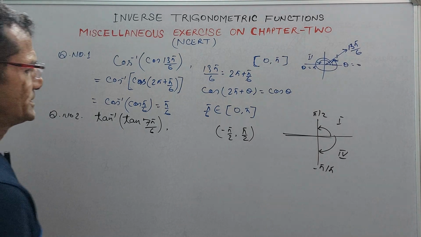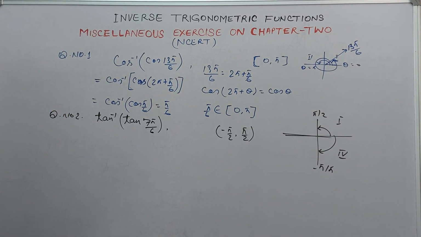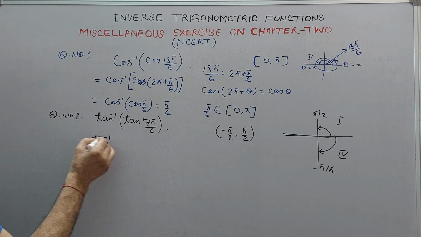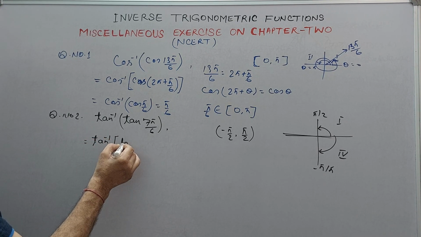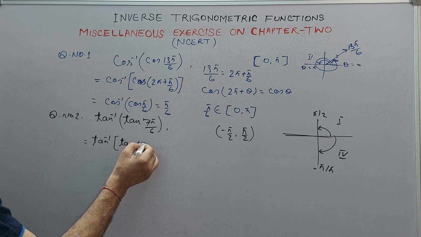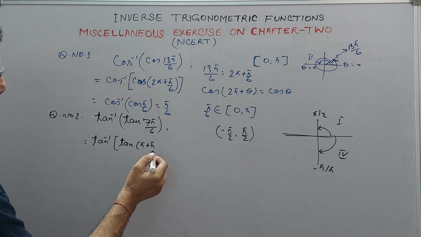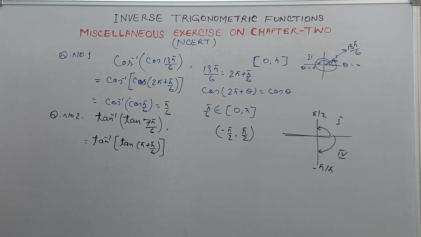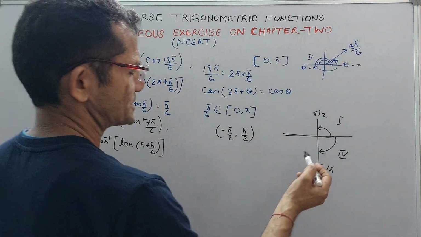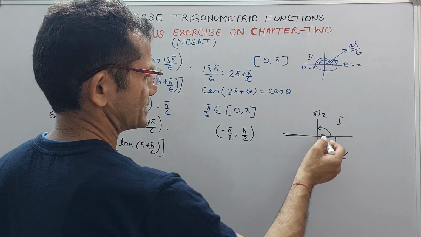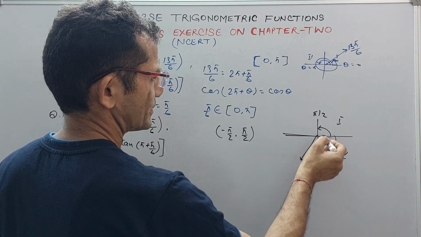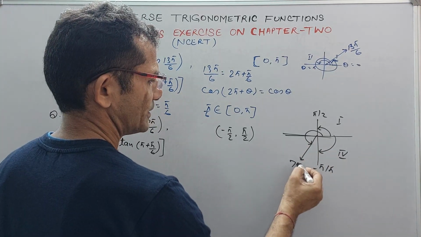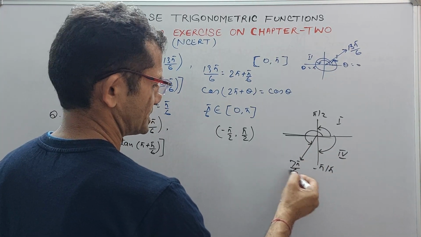So here 7 pi by 6, we just split this: tan inverse tan of pi plus pi by 6. So this is pi plus, a third quadrant angle. It would be here somewhere, this is the angle of 7 pi upon 6.